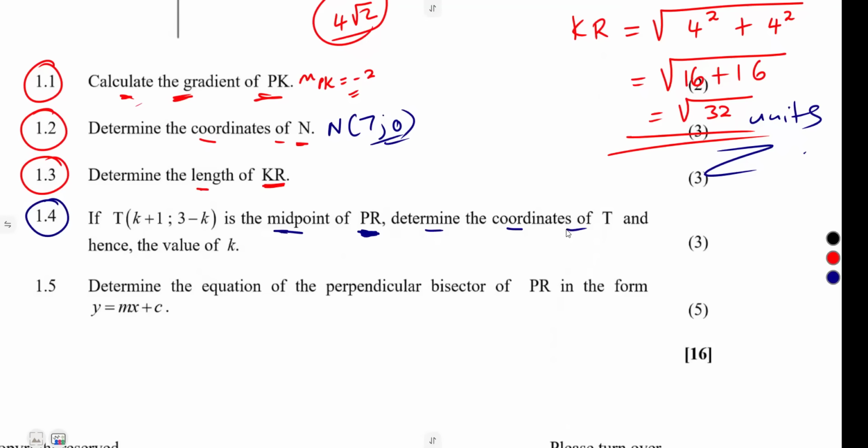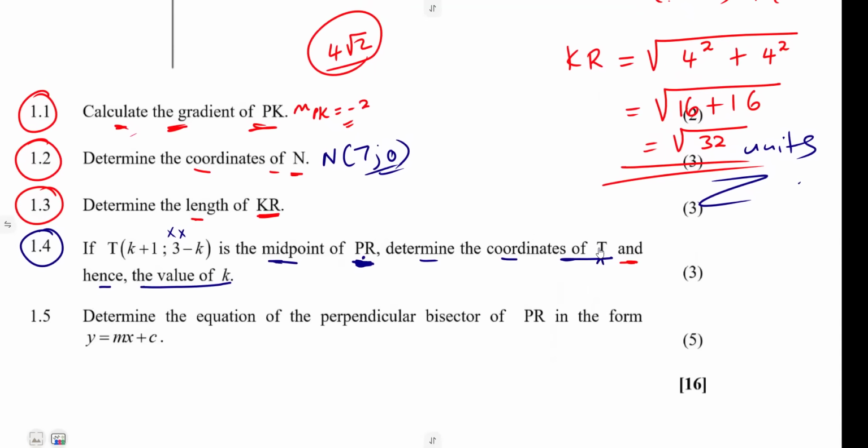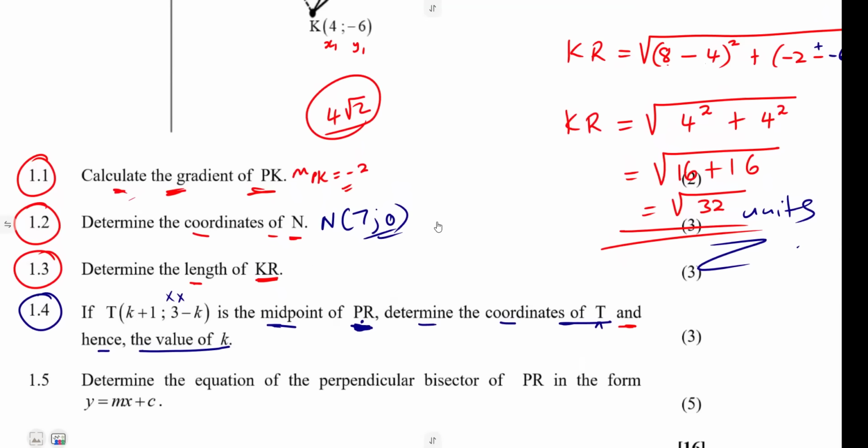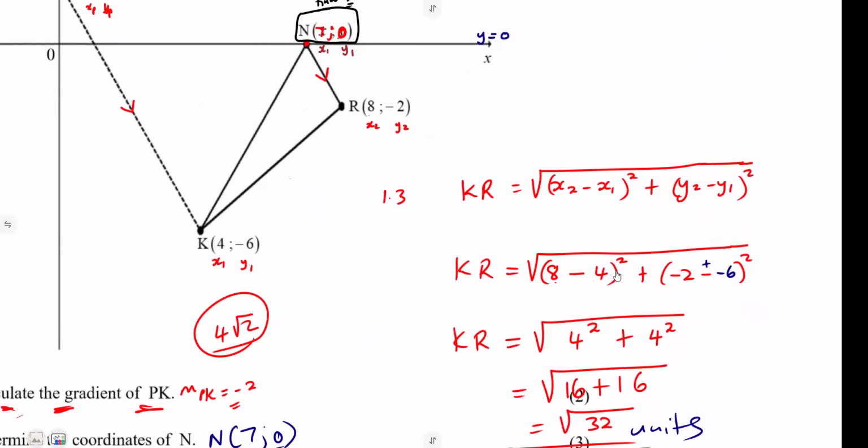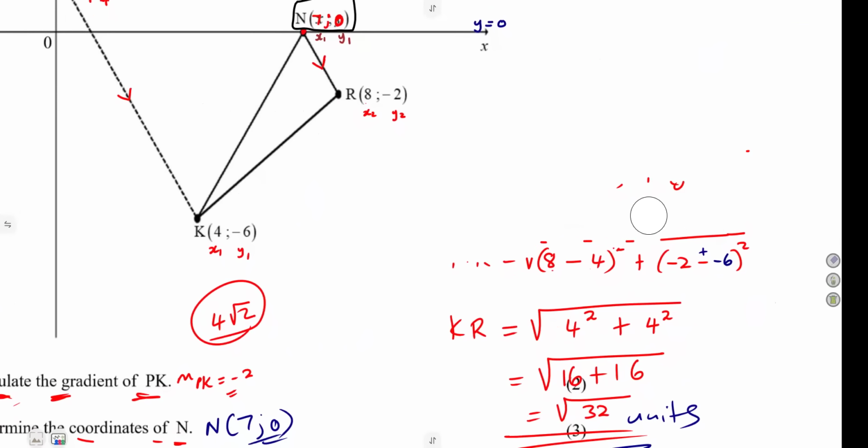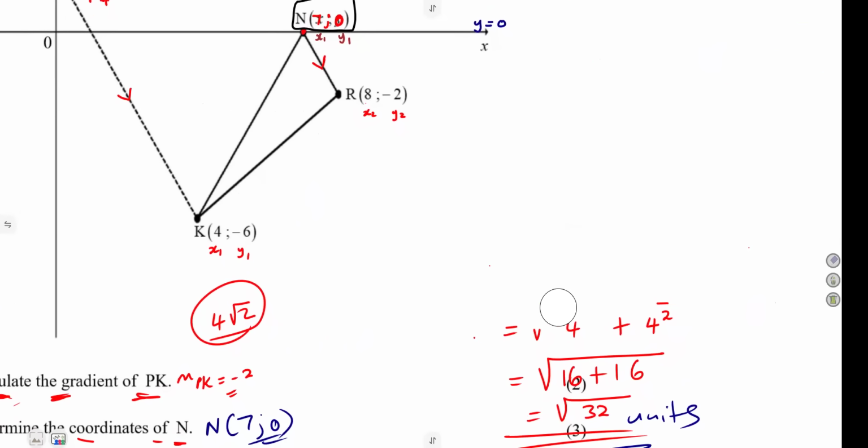Determine the coordinates of T. First, we need the coordinates of T and hence the value of K. If we've got the point T, we can simply equate it to this one that we are given. So let's find the coordinates of T first, from the midpoint concept. We are told that T is the midpoint of PR.